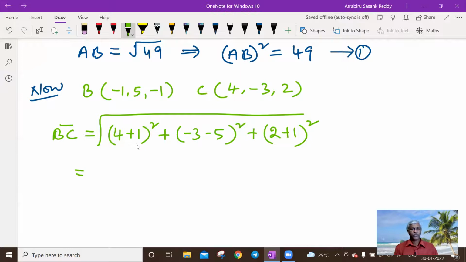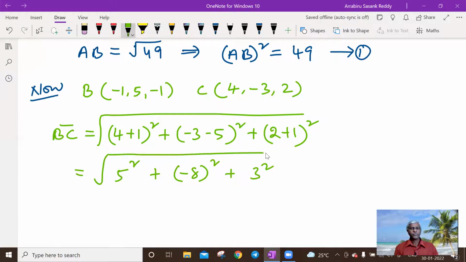4 plus 1, 5. Minus 3 minus 5, minus 8. 2 plus 1, 3. 5 square is 25. 8 square is 64. Plus 3 square is 9.